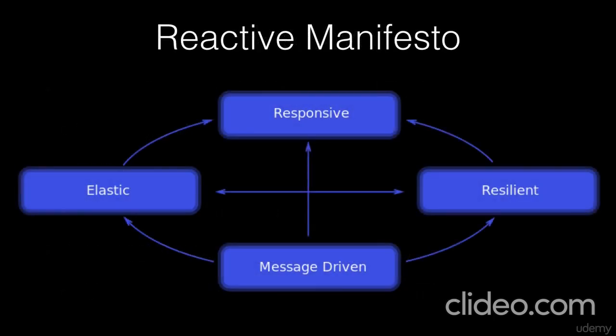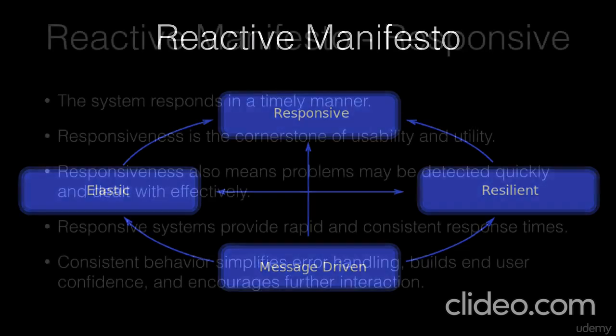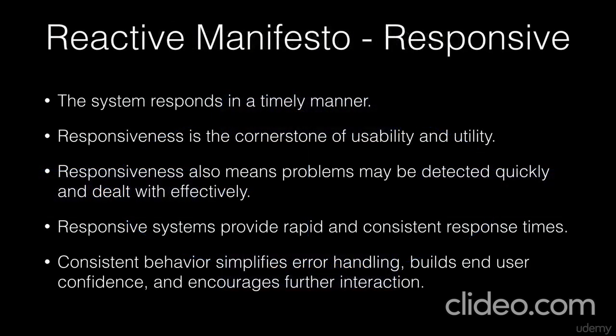This is going to be looking at four areas, and this is an image adopted right off their website: responsive, resilient, message-driven, and elastic. So let's take a little closer look at what each one of those means. So responsive means that the system is going to respond in a timely manner. And responsiveness is the cornerstone of usability and utility.